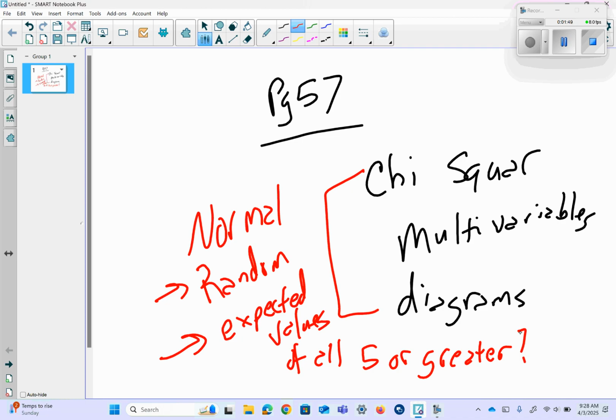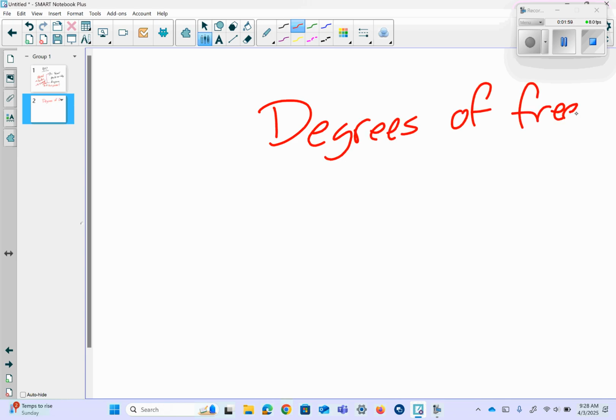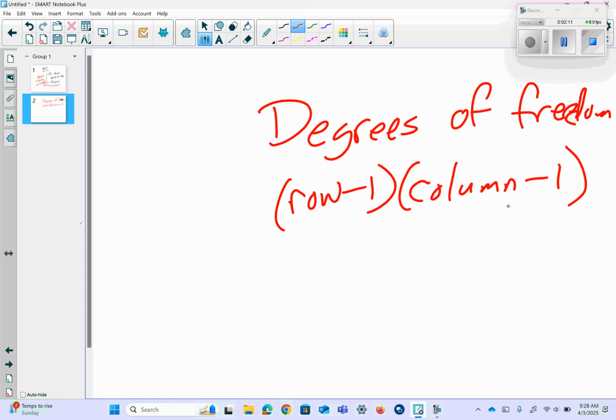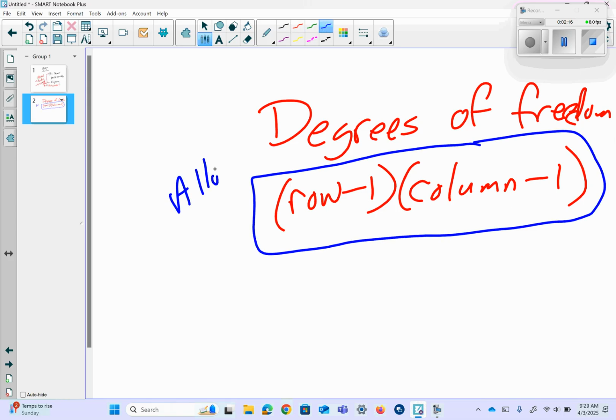So when we are doing chi-squared and we're looking at the degrees of freedom on the chart, it is the row minus 1 times the column minus 1. And what this is basically doing is allowing error to take place. Okay? Means you're accommodating any slight deficiencies in it.